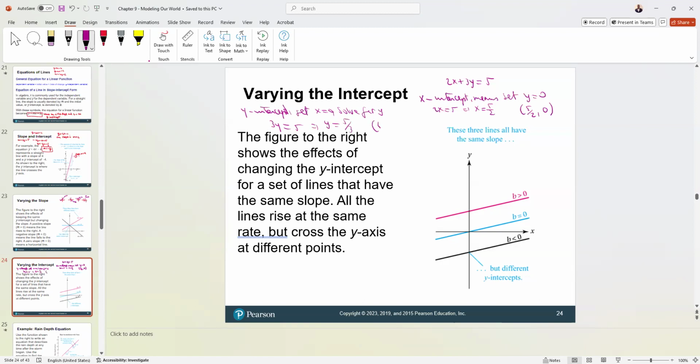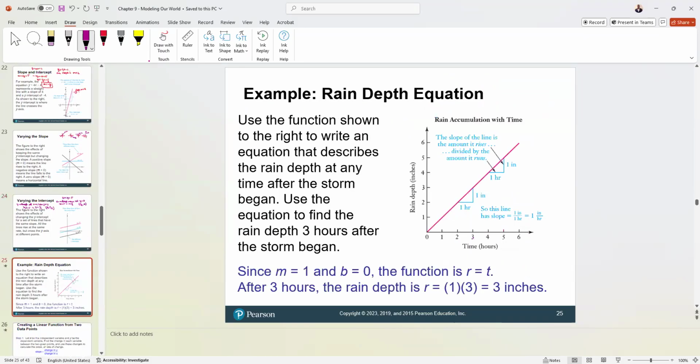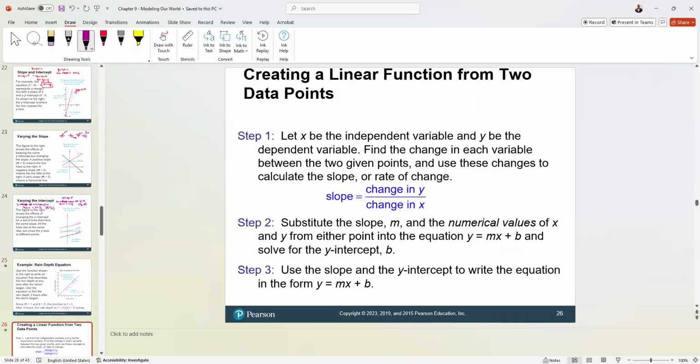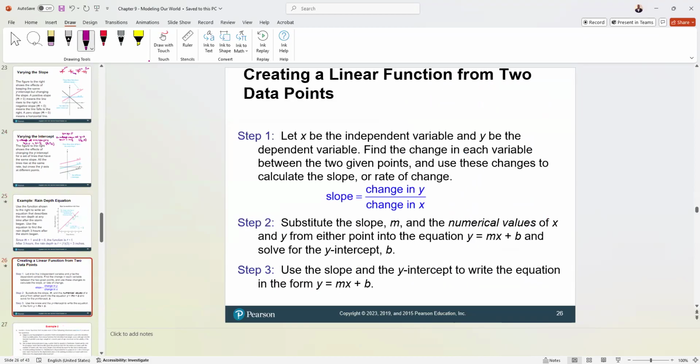So you have a point where x is 0 and y is 5 over 3. So an intercept means one of your coordinates is 0. That's what we call an intercept. That's an example, so I'd like you to see it and take your time with it.